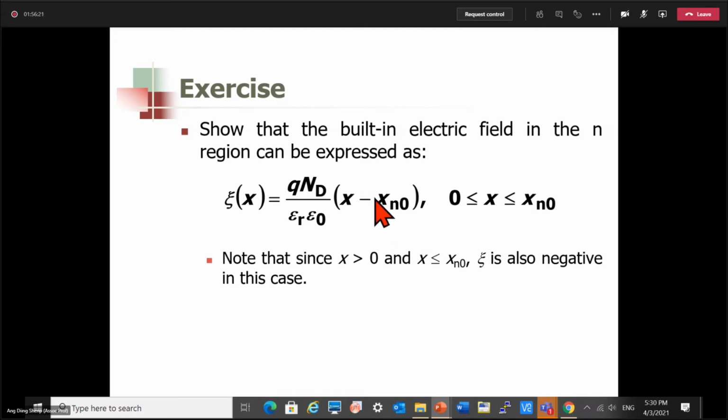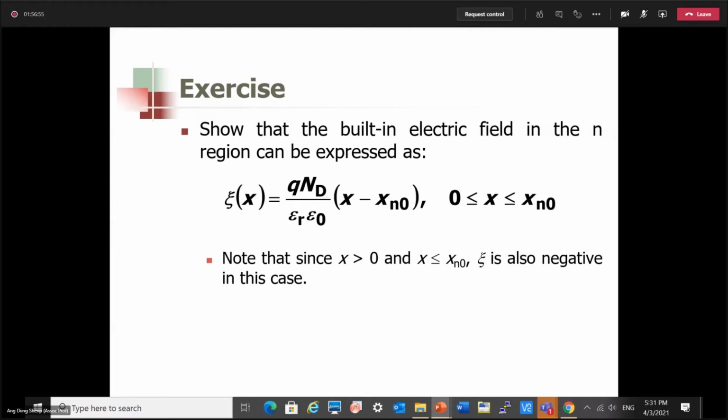Now, because x is always smaller than xn naught, remember xn naught is the distance of the boundary between the space charge and the neutral N region from the metallurgical junction. So for any distance x from the metallurgical junction within the space charge region on the N side, this value of x will be smaller than xn naught. So the electric field is also a negative quantity in this case, which is consistent with the direction shown on the diagram. In other words, the electric field points in the negative x direction.